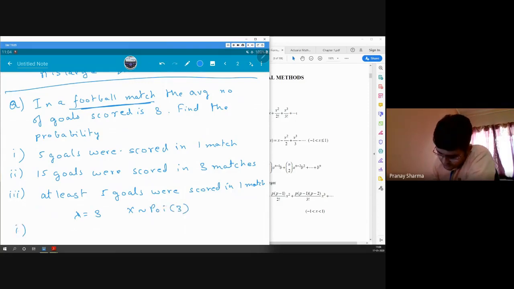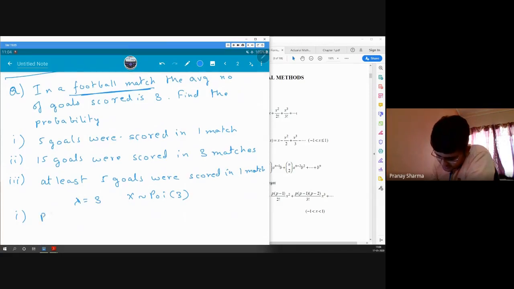For the first one, we need to find the probability that x will be equal to 5. That means 5 goals scored in one match. We'll say lambda raised to 5 e raised to minus lambda by 5 factorial.